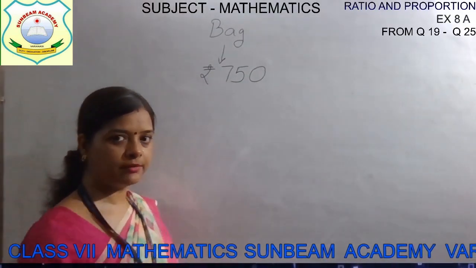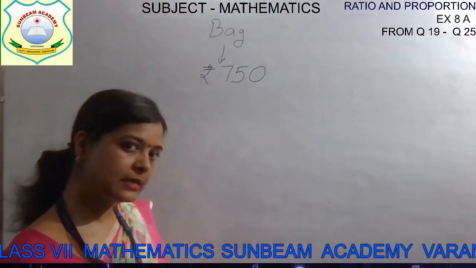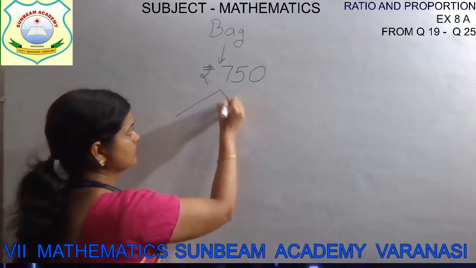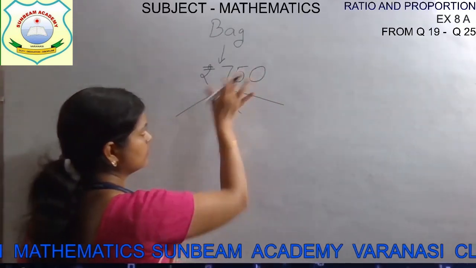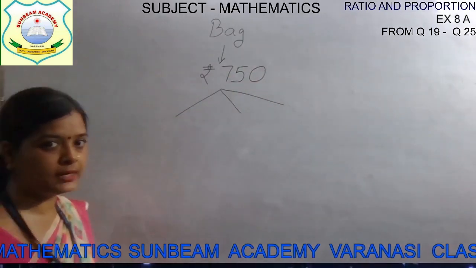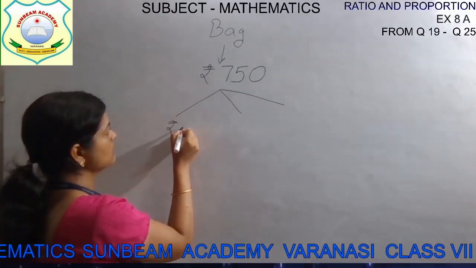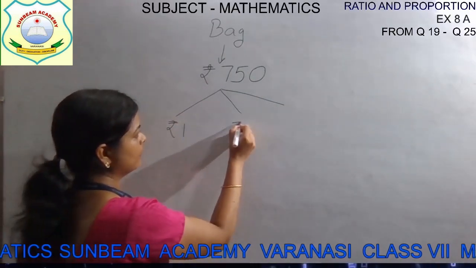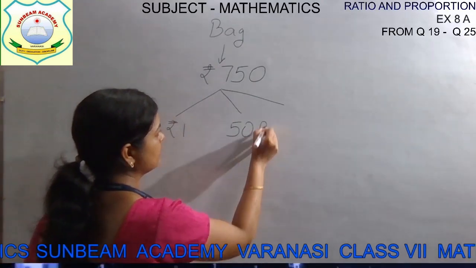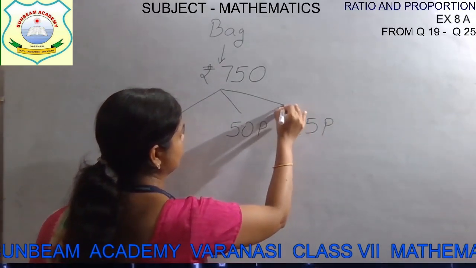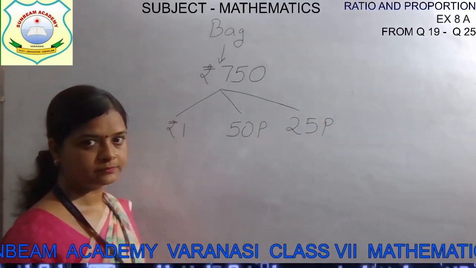That bag contains 750 rupees. And the sum of this 750 is made up of 1 rupee, then 50 paisa as well as 25 paisa. It contains in this way.